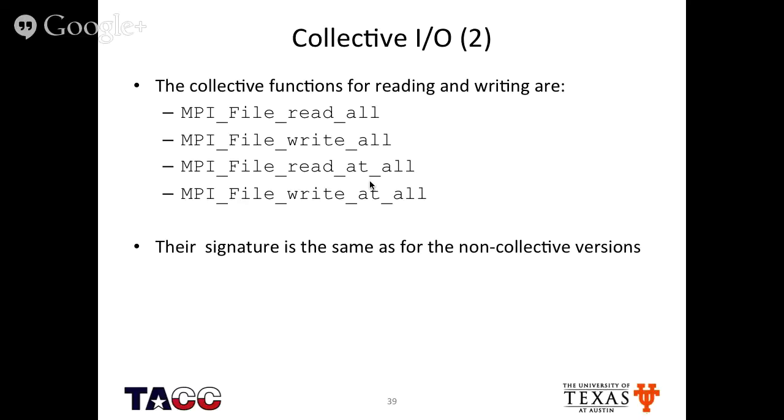Then these collective functions are not visible to processes with all the ranks. That's the most common source of error that you want to avoid. The signature is the same as in the non-collective versions, so that's why I haven't put it there.